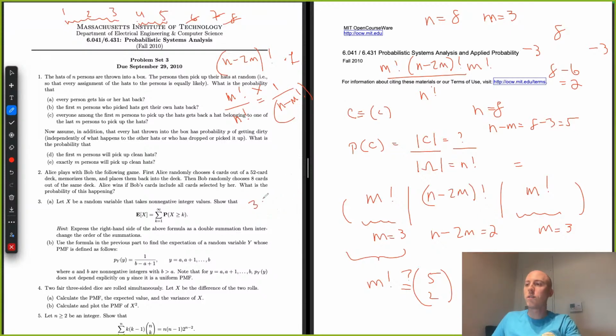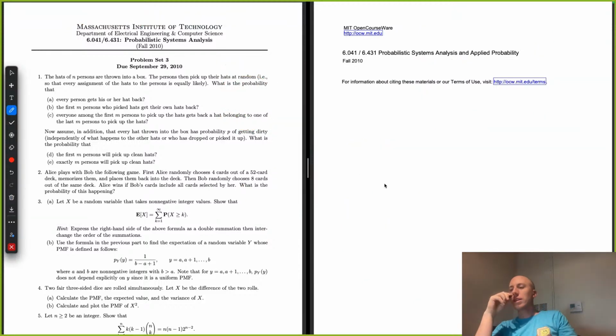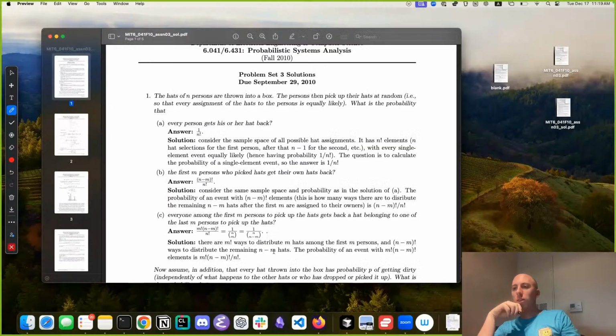So it'd be 3 times 2 times 1 over 5 times 4 times 3 times 2 times 1. So the m factorial would cancel out, and no, okay, that's not right. You can't just do n minus m factorial. No, this is basically as good as you can get it. So I feel like that's wrong. Like the double m factorial.